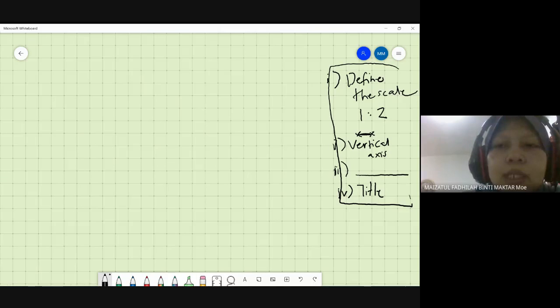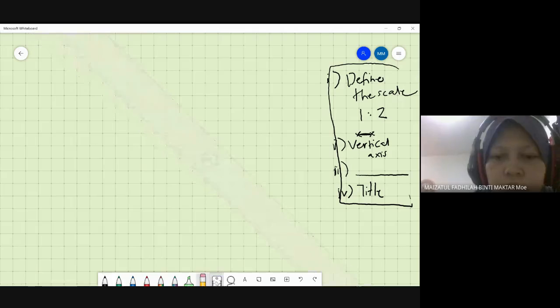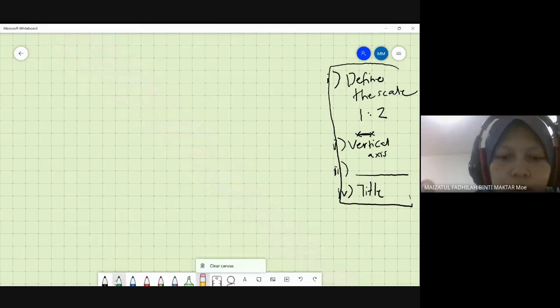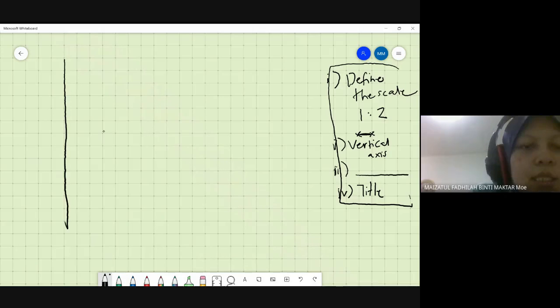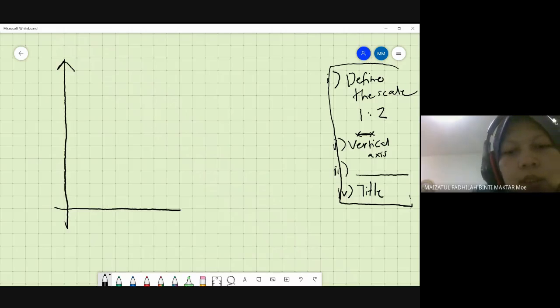Draw our graph. First we draw the axis, then the horizontal axis.